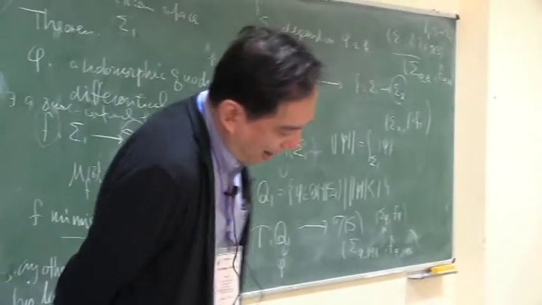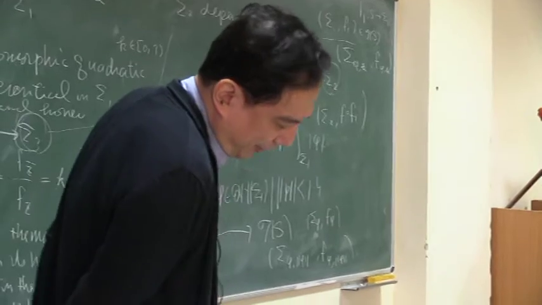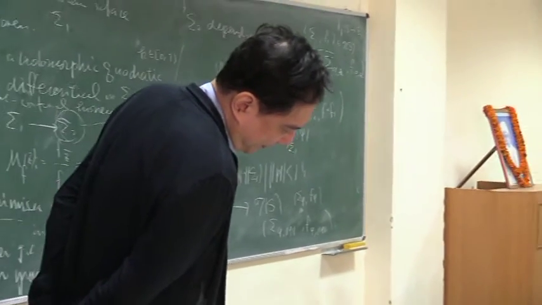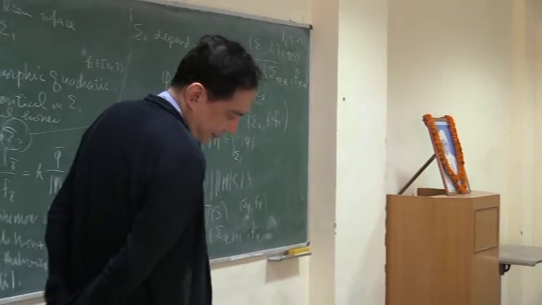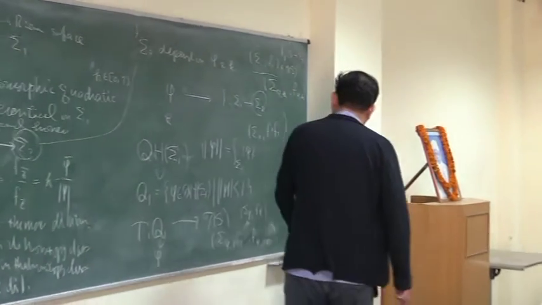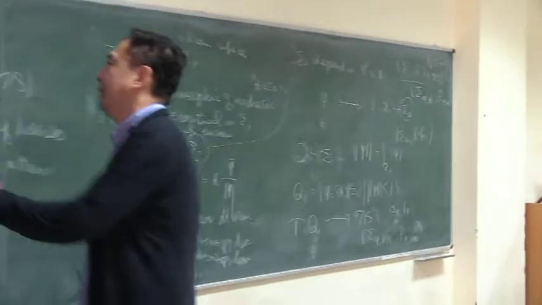So then you have a map from Q1 to the Teichmüller space. And actually, this map is injective.